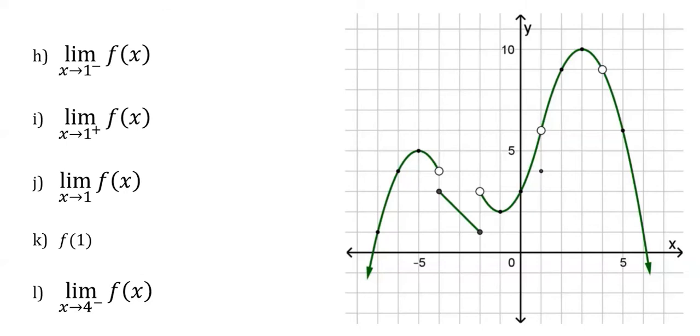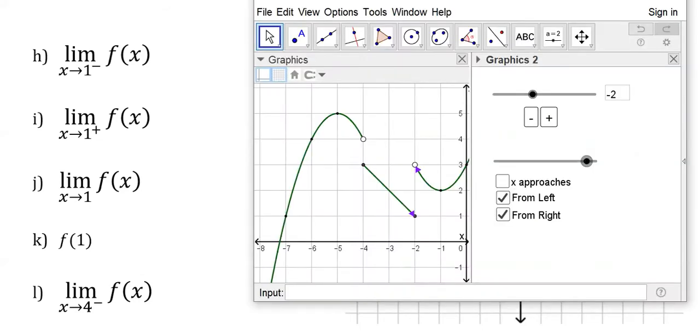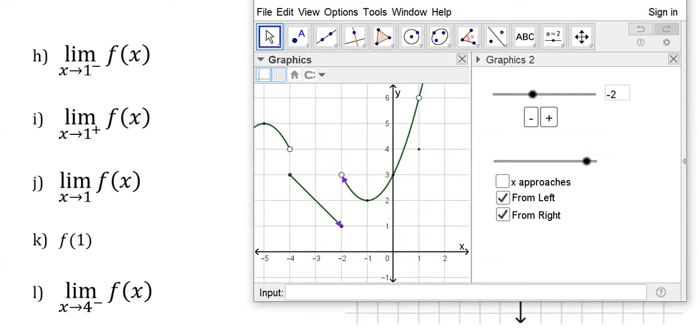So this one says the limit as x approaches 1 from the left, as x approaches 1 from the right, and as x approaches 1 overall. Then it asks us to evaluate f at 1. If you look at 1, you can see what's happening, so you can start to guess.